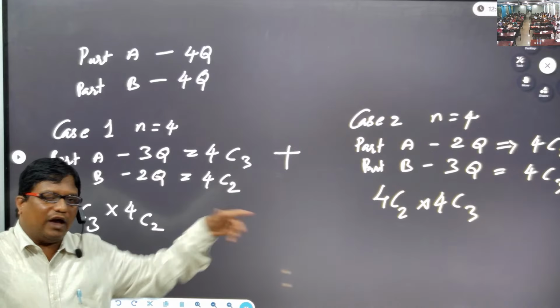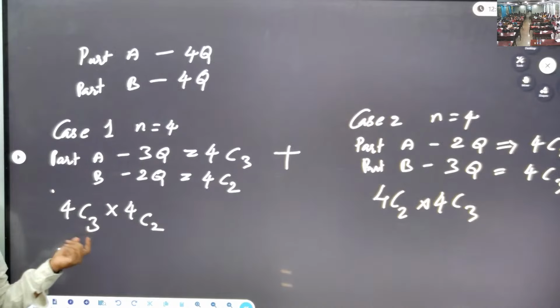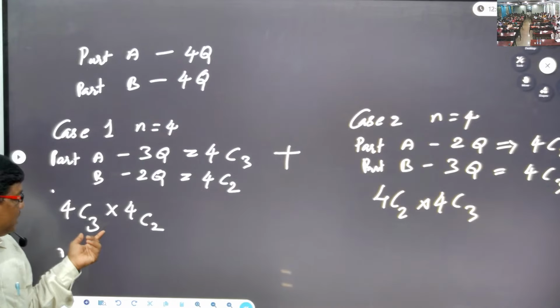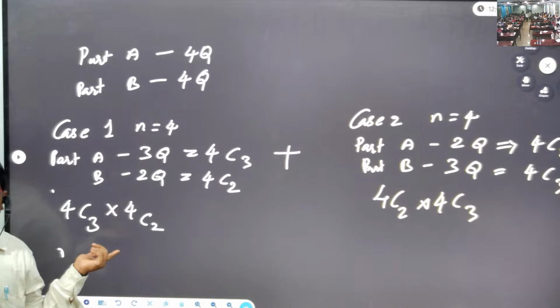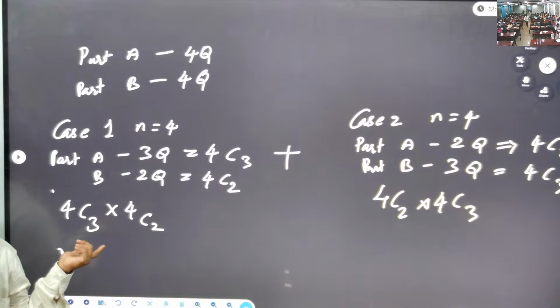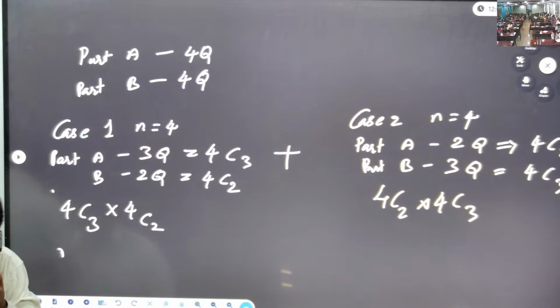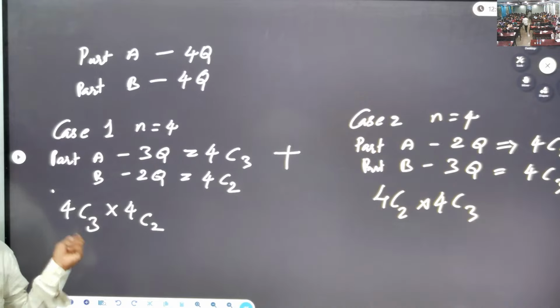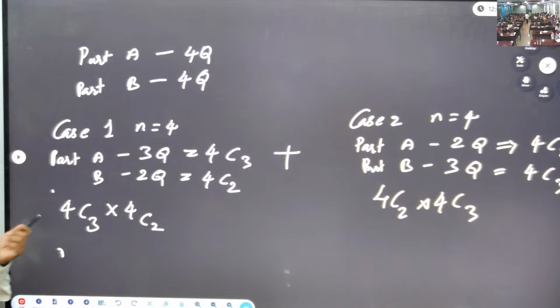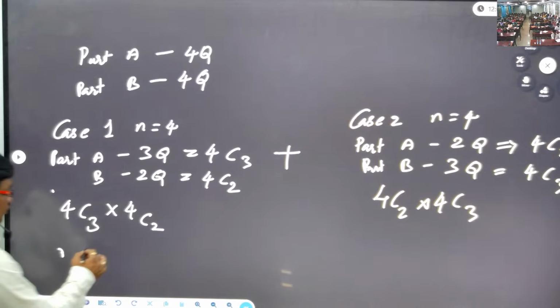So what are the values of 4C3 and 4C2? Anyone can do it and tell me. 4C3, what is the value? 4 factorial by 3 factorial into 1 factorial. You are getting the value as 4.